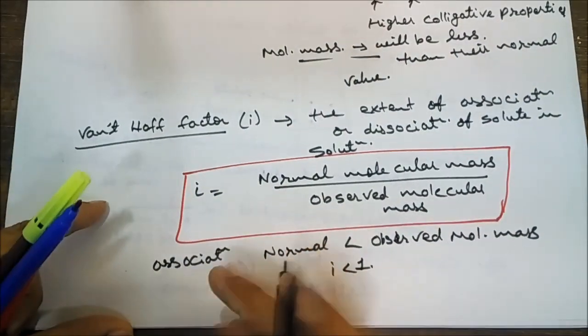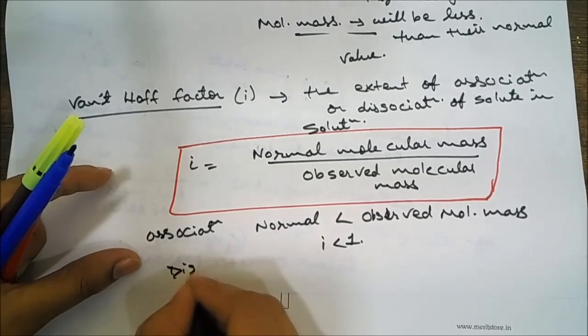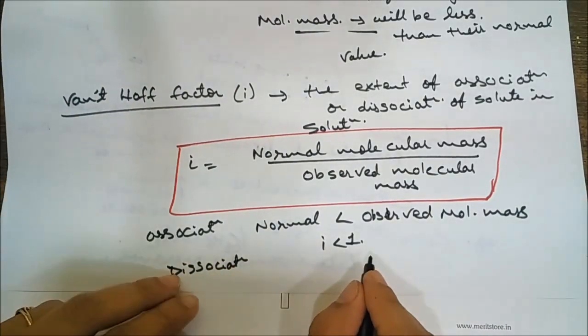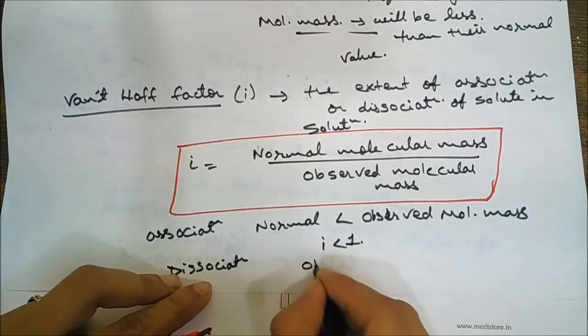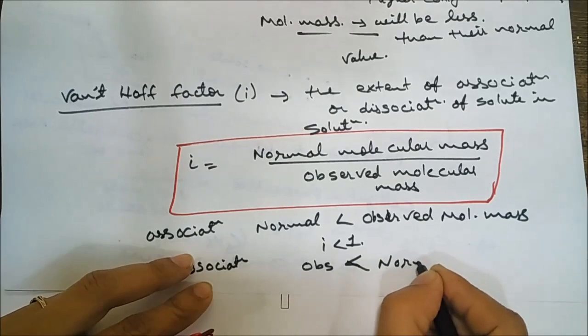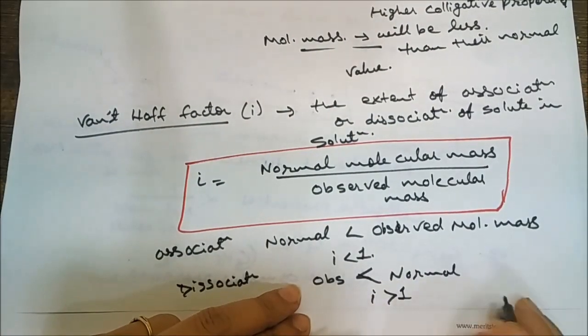For dissociation, the observed mass is less than normal, so i will be greater than 1.